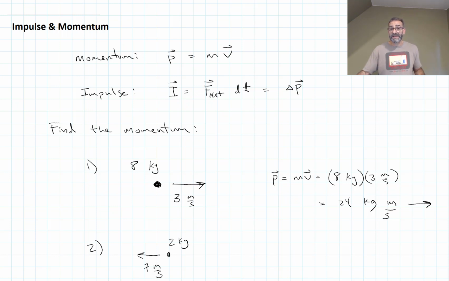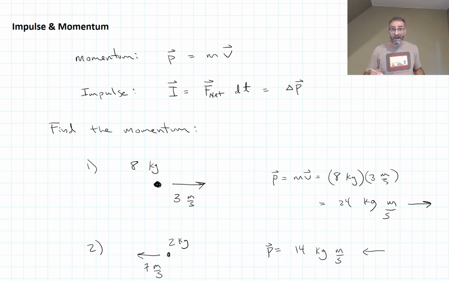Now let's do this one. Find the momentum of our object. This time it's 14 kilogram meters per second to the left. It's not negative 14 because we have not defined a positive direction.